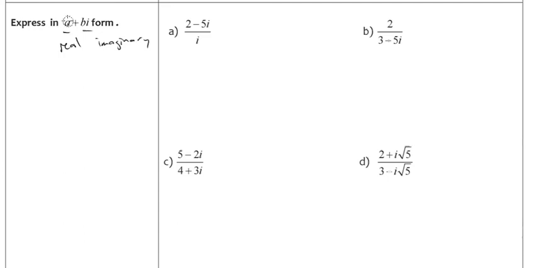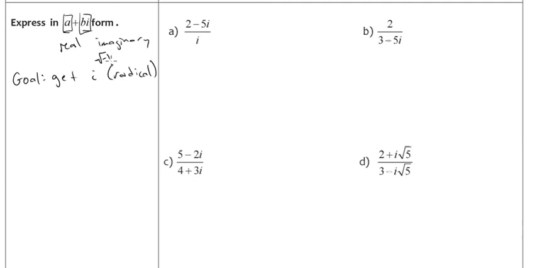But here's what we're trying to get. We're trying to get the real number and then your imaginary number. So the goal then, just to be explicit about it, your goal is to get rid of i, the radical, because remember i is the square root of -1. So square root of -1.